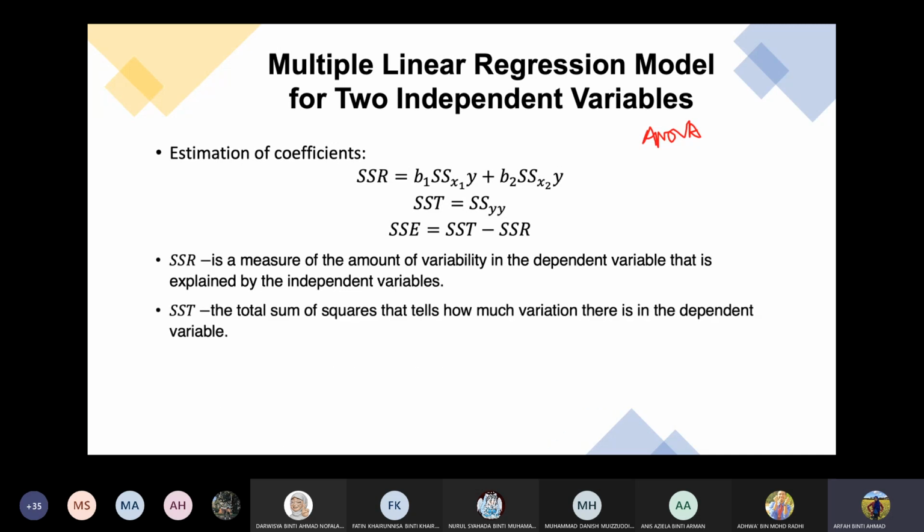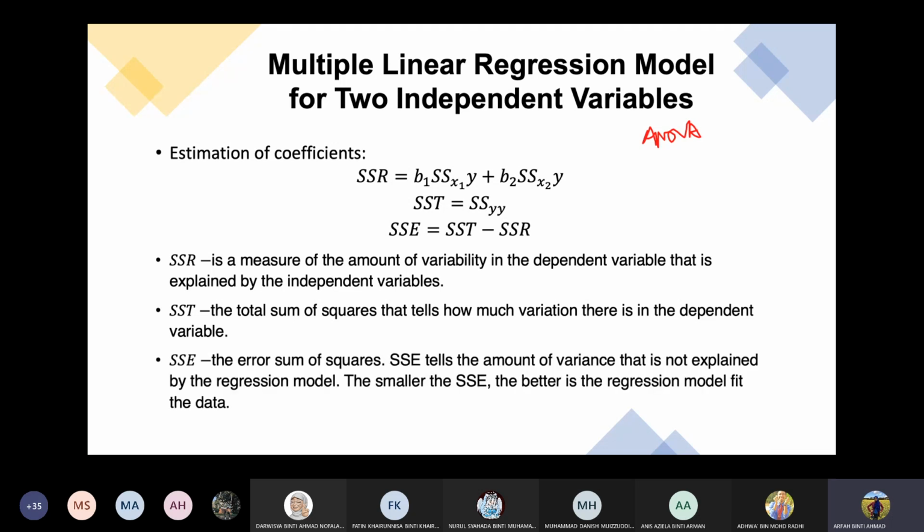Okay. SST is the total sum of squared that tells how much variation there is in the dependent variable. And SSE is the error sum of squared. It tells the amount of variance that is not explained by the regression model. The smaller the SSE, the better is the regression model fits. So SSE ni dia kira macam sum squared bagi error.